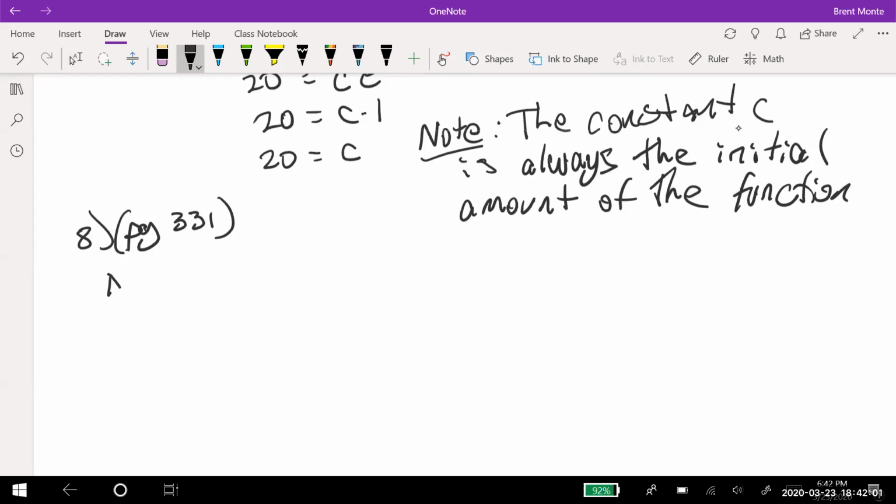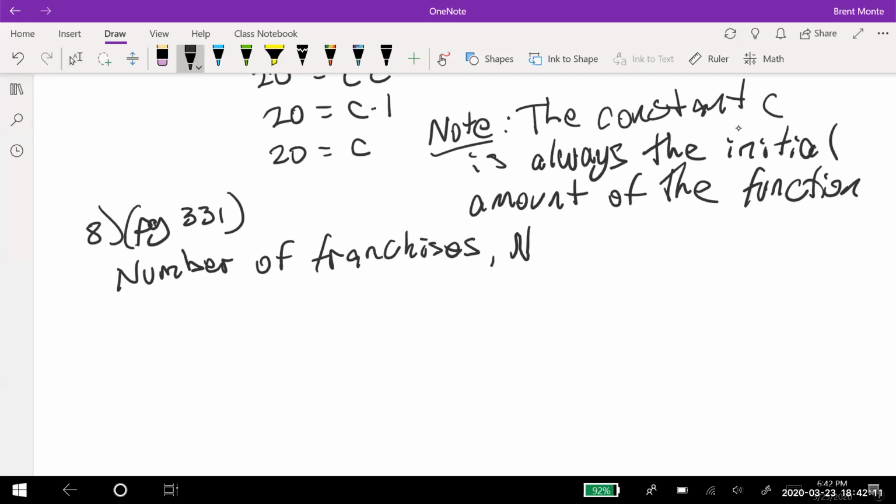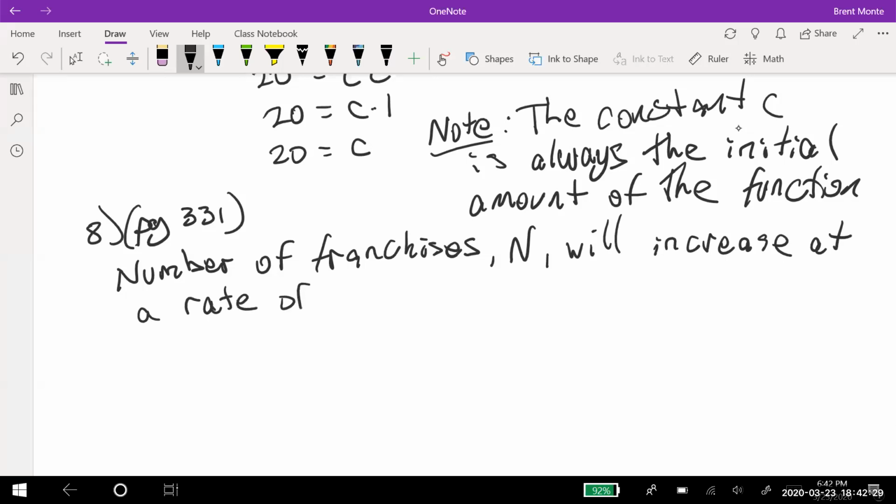So let's write that down. That's very important. Number of franchises N will increase at a rate of 10% per year.